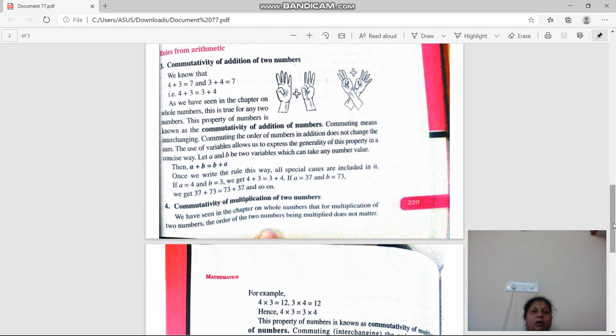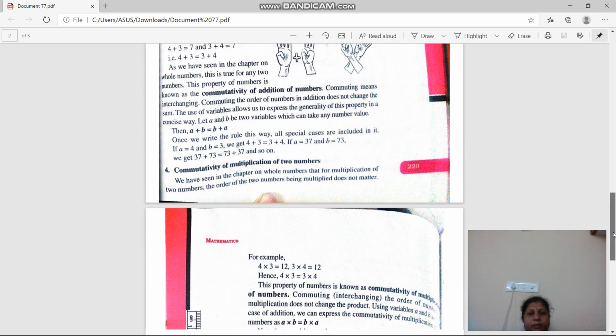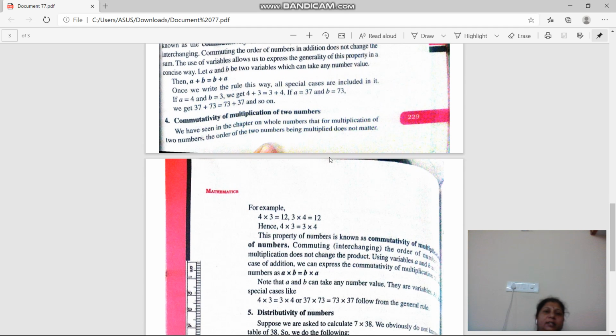Commutative property of multiplication of two numbers. We have seen in the chapter on whole numbers that in the multiplication of two numbers, the order of the numbers being multiplied doesn't matter. For example, 4 into 3 is equal to 12. If we multiply 3 into 4, we get 12.